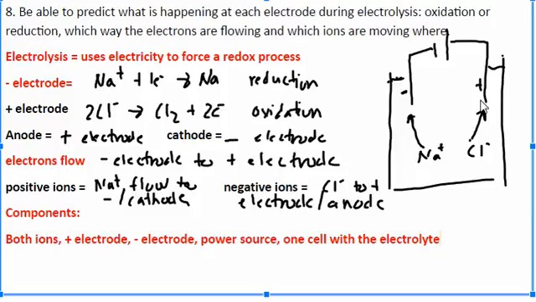In a salt bridge, the positive ions flow toward the positive end and the negative ions flow toward the negative end to replenish those as they're being taken out, because at the positive end, positive ions are being reduced, and at the negative end, metal is being oxidized, and so they flow toward the same charge, which again is the opposite of an electrolytic cell.